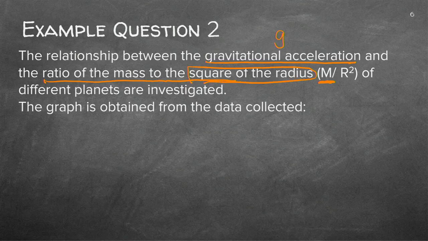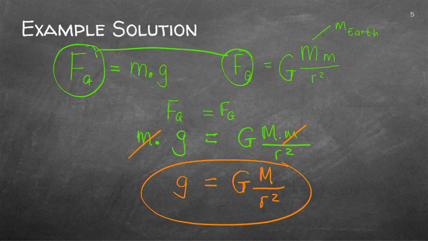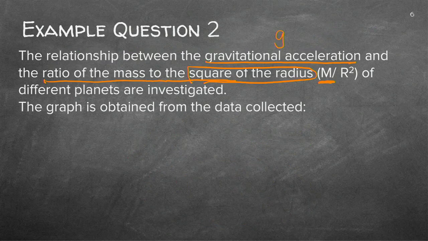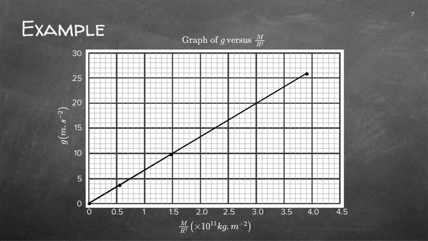We just did that just now. The gravitational acceleration, the mass, and the ratio of the distance is being plotted on a graph. So they give me a graph of g on my y-axis and that relation m over r squared on my x-axis.